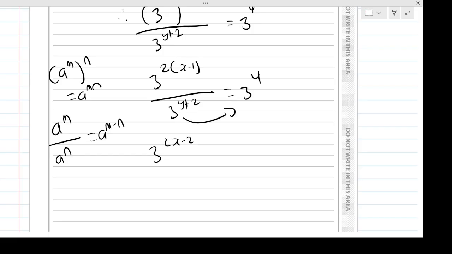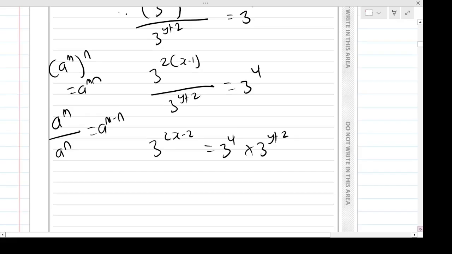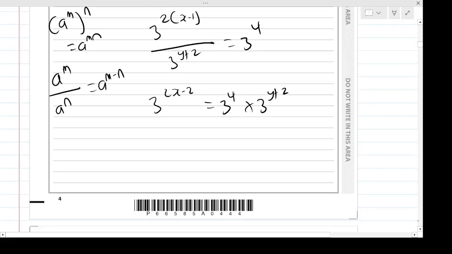We could just multiply by 3 to the y plus 2. So that'd be 3 to the 4 times 3 to the y plus 2. It's like how you solve an equation, you rearrange to get y on its own, right? And at that point, it's becoming a lot more apparent where I'm going to end up.